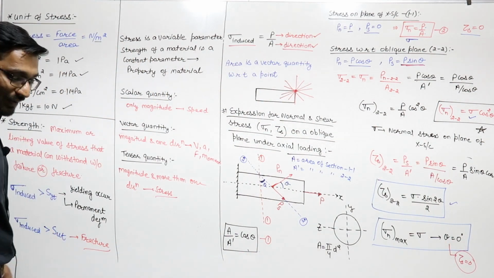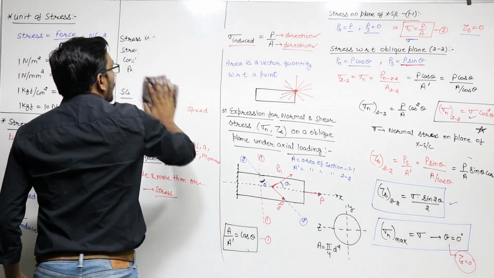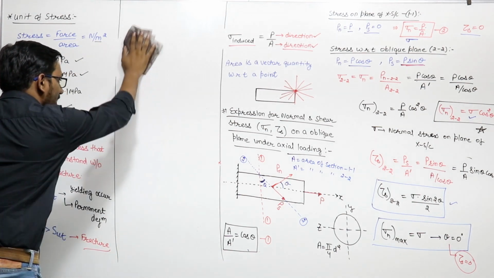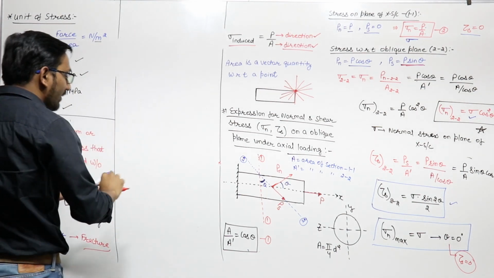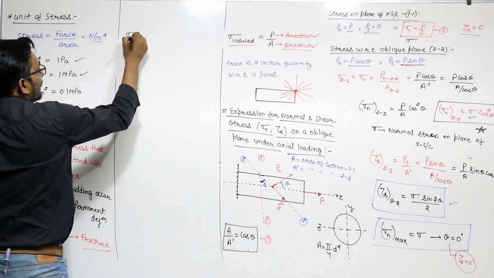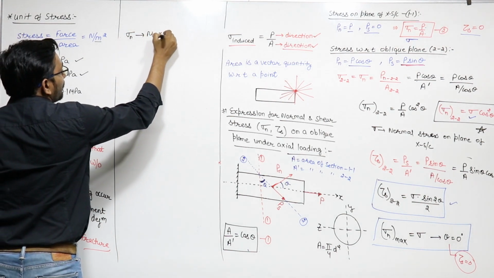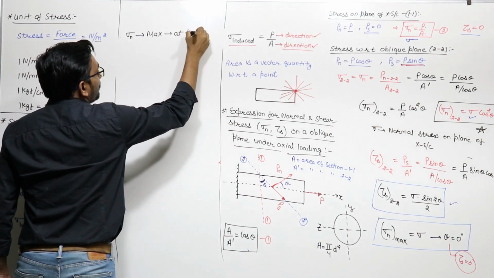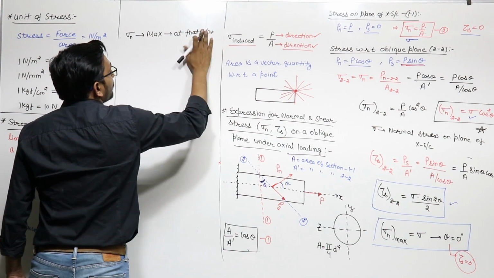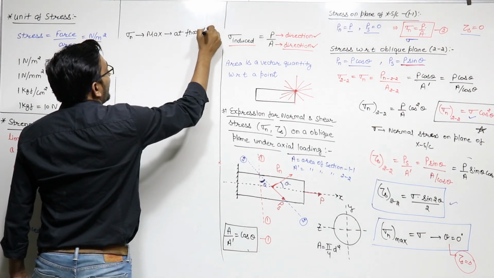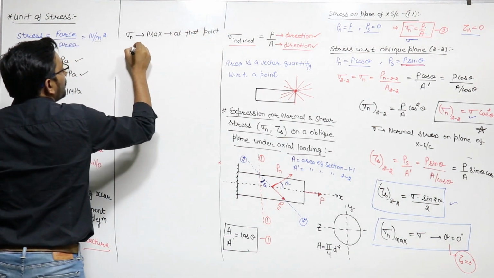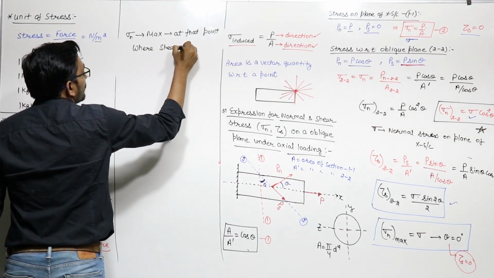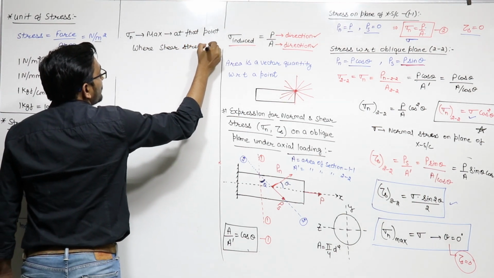So if I write here the condition for the maximum values, sigma n is maximum at that plane or point, if you are talking about stress, at that point where shear stress is 0.